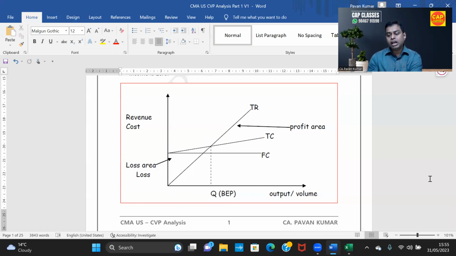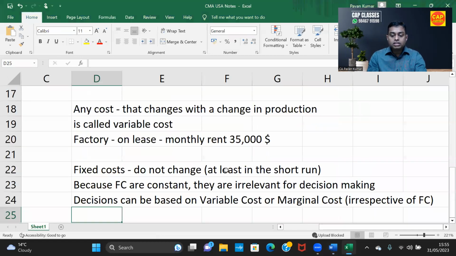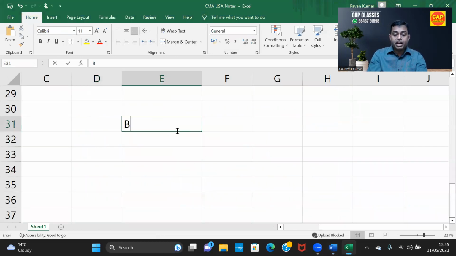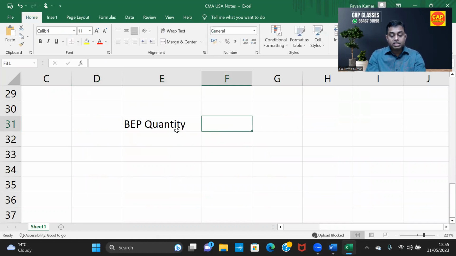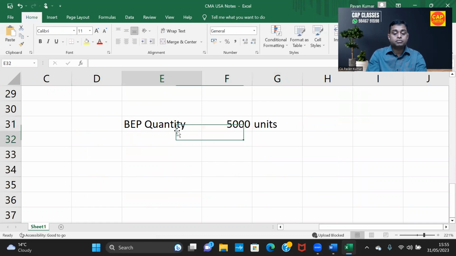Simple. Imagine if your break-even point is 5,000 units. And if your selling price per unit is $15. So something like this. Break-even point quantity is 5,000 units.